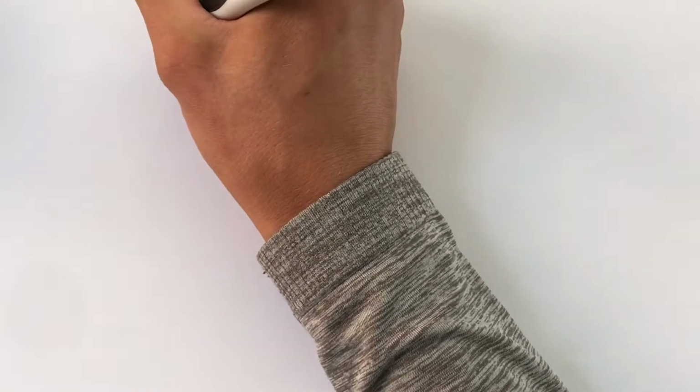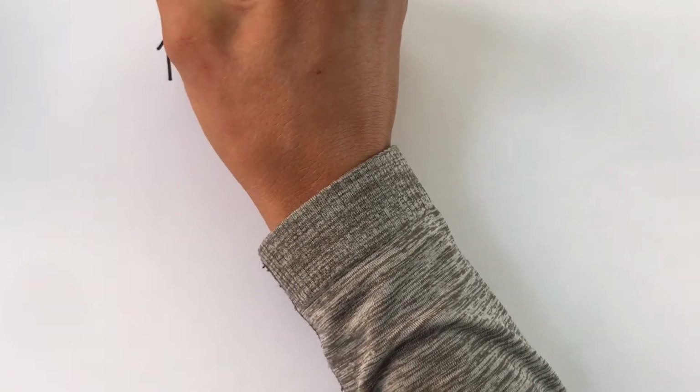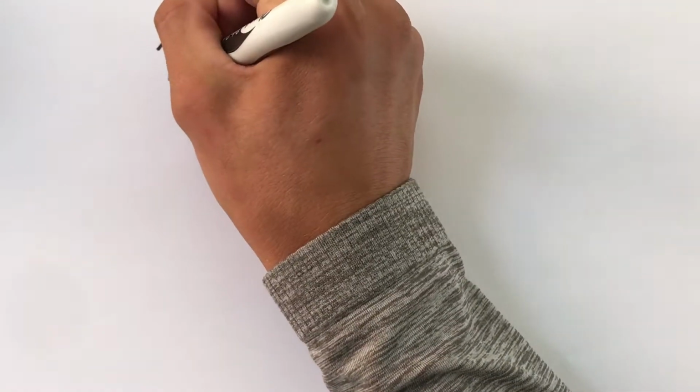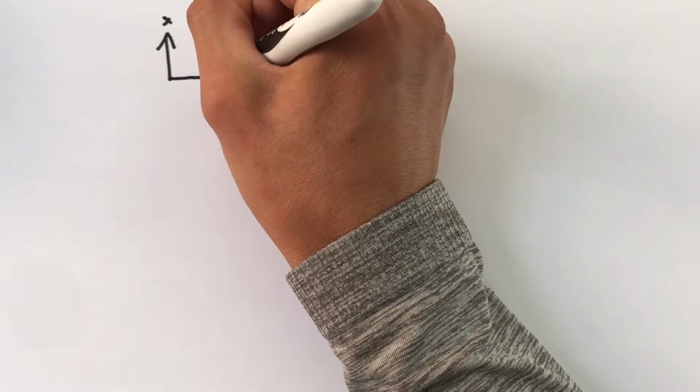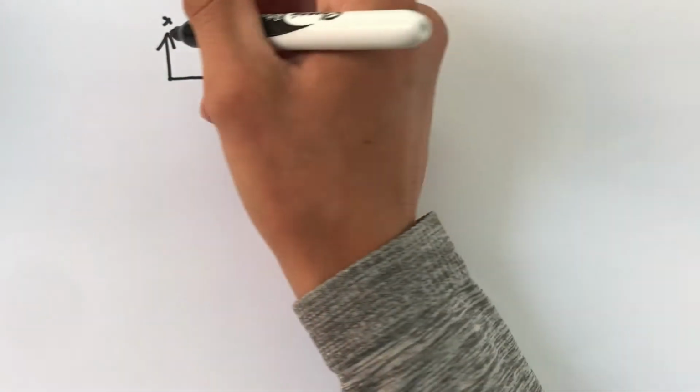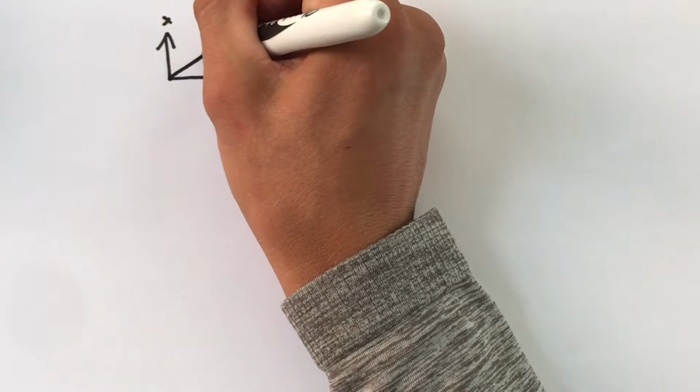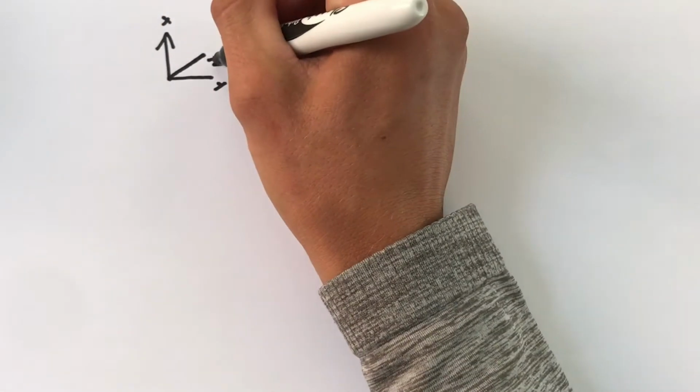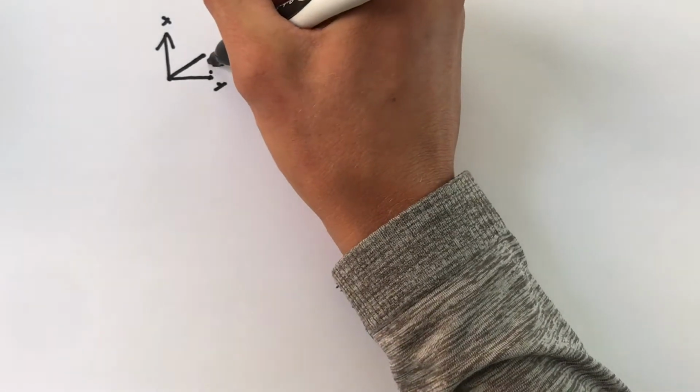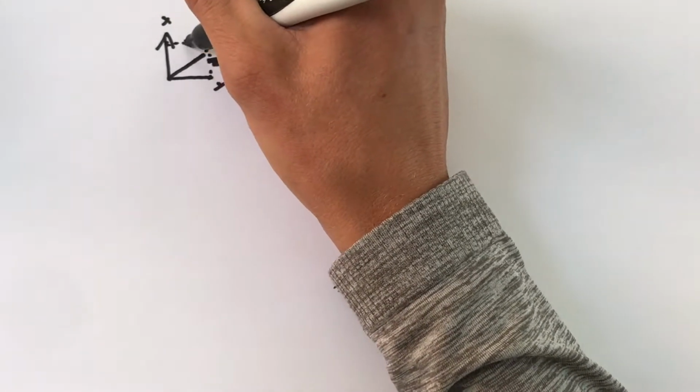So if you have a vector x here in this direction and a vector y in this direction, the vector z here is a superposition of x and y.